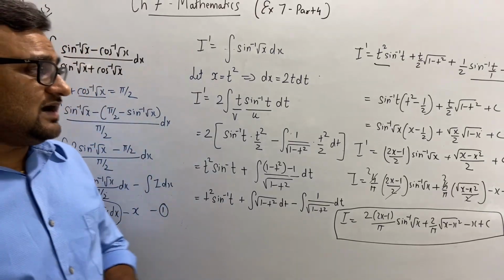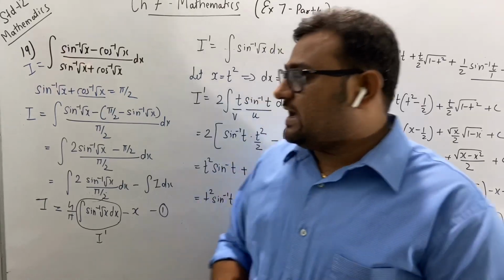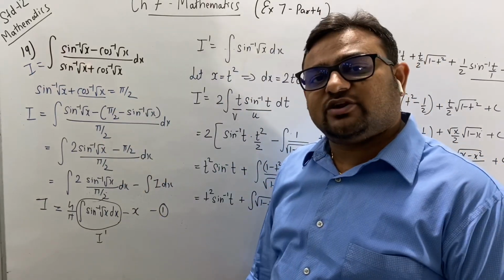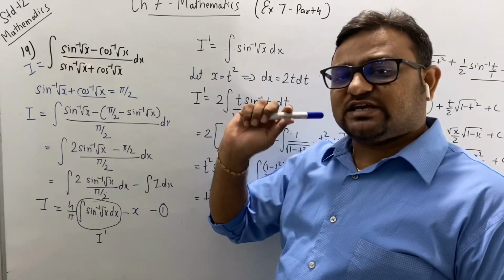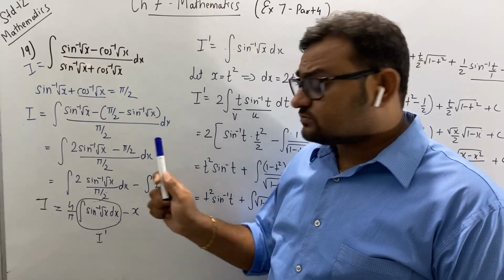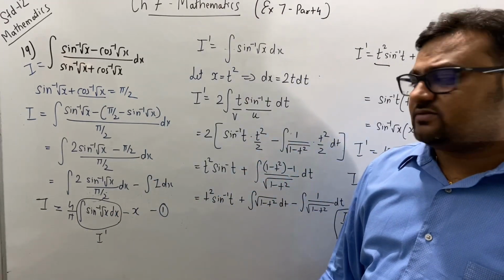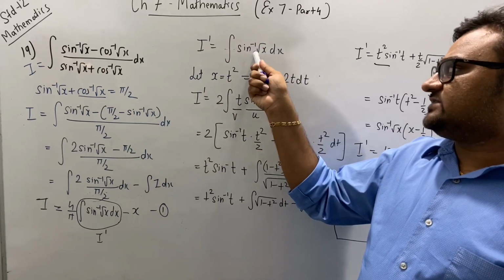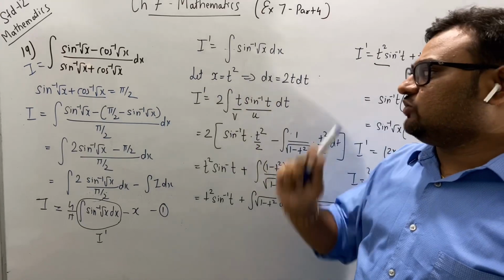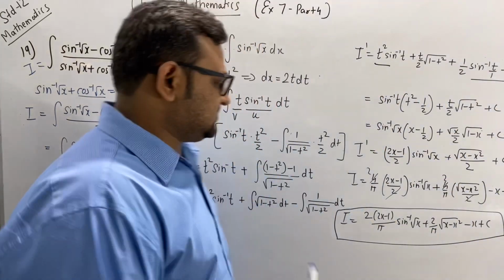Okay, so mark it down. It is a very important sum. It can be asked in 4 marks. I'm repeating how we have started. We had used the property of inverse trigonometry, that is sine inverse x plus cos inverse x equal to pi by 2. Solve it and we get this. Now we separated integration of sine inverse root x as I dash. Second step, we assume root x as t, means x equal to t square, and then integration by parts.